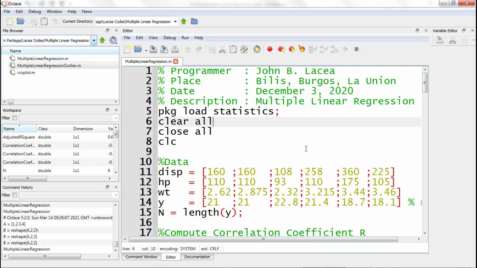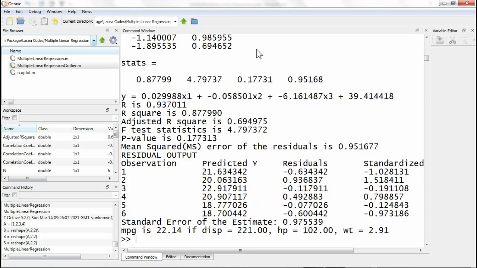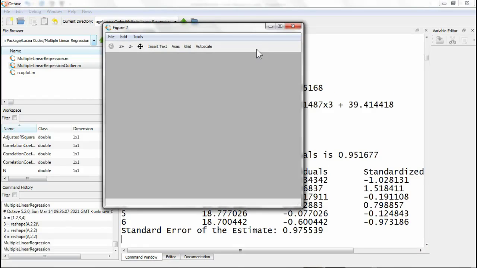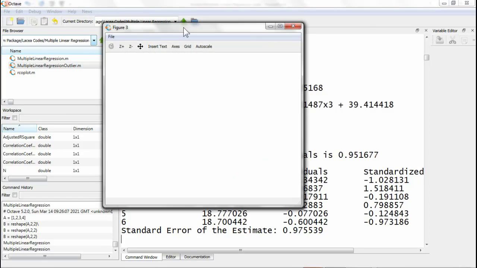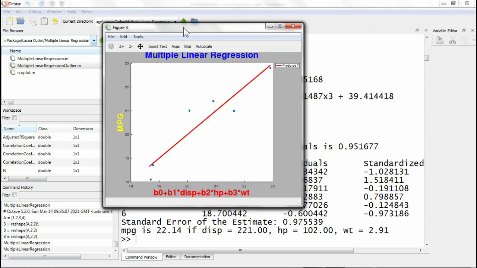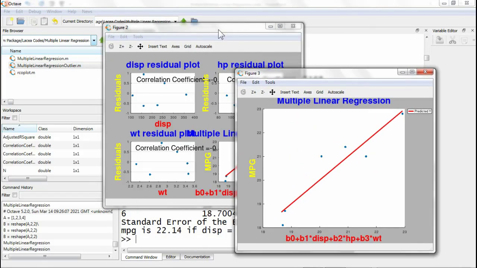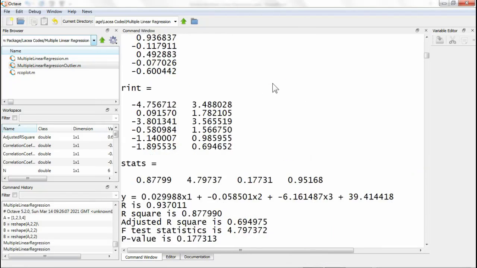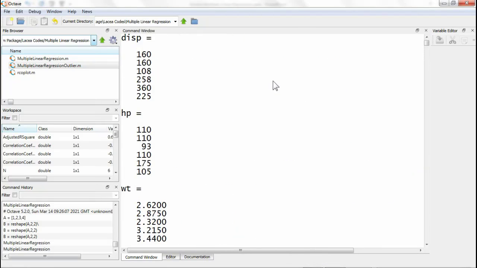Let us run the laboratory hands-on activity number 6. There are plenty of outputs or results listed in this command window.